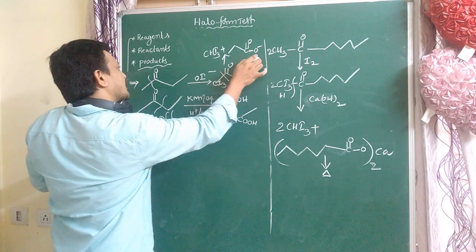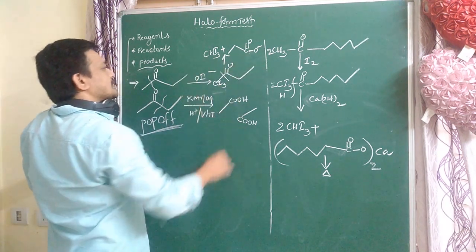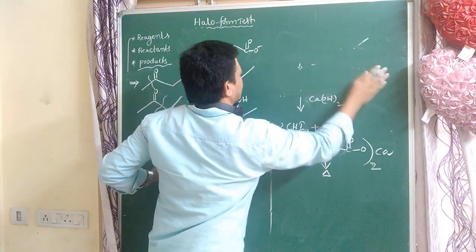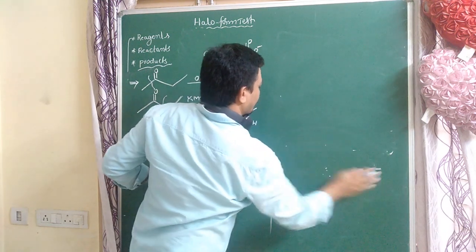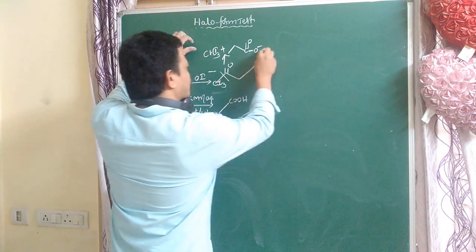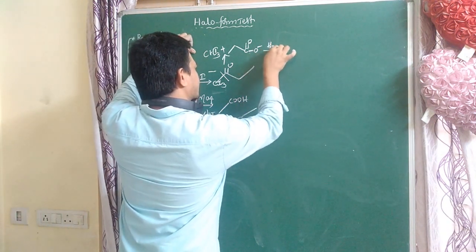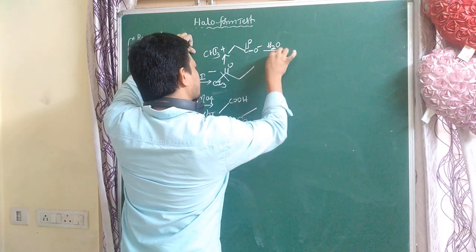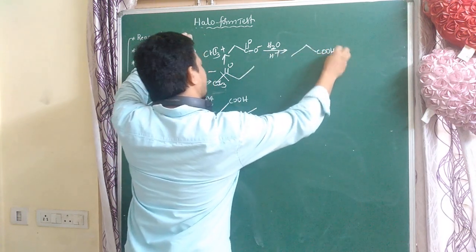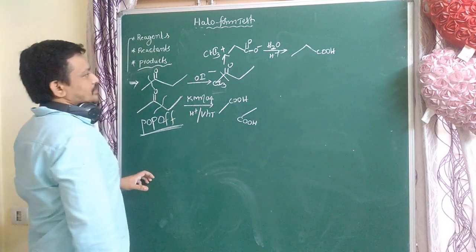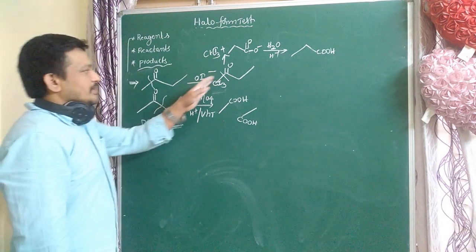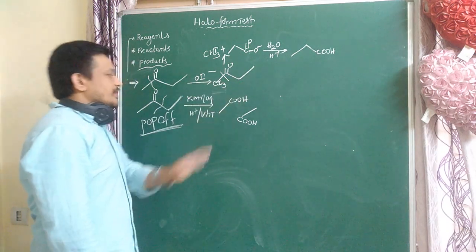Yes, Na is there. That is hydrolyzed, followed by acidic hydrolysis, which converts to propanoic acid. Here the major product is propanoic acid, and here the major product is ethanoic acid.